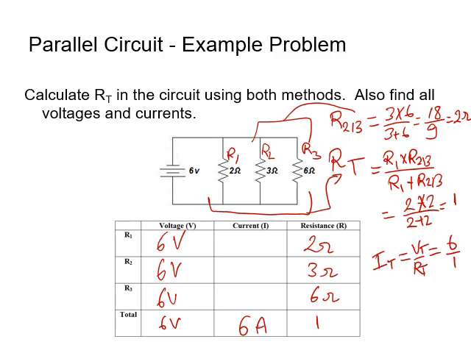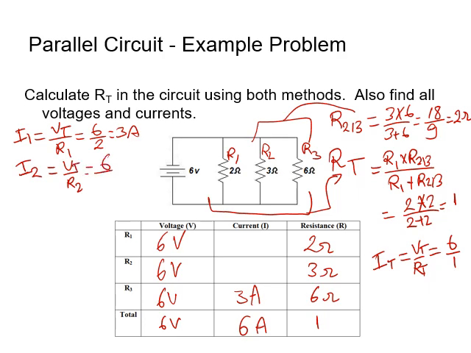Now let's calculate I1. It's going to be V total divided by R1, which is 6 divided by 2, which gives us 3 amps. And then I2 is equal to V total divided by R2, 6 divided by 3, which gives us 2 amps. And then, doing the math, I3 is going to be 1 amp simply by addition.